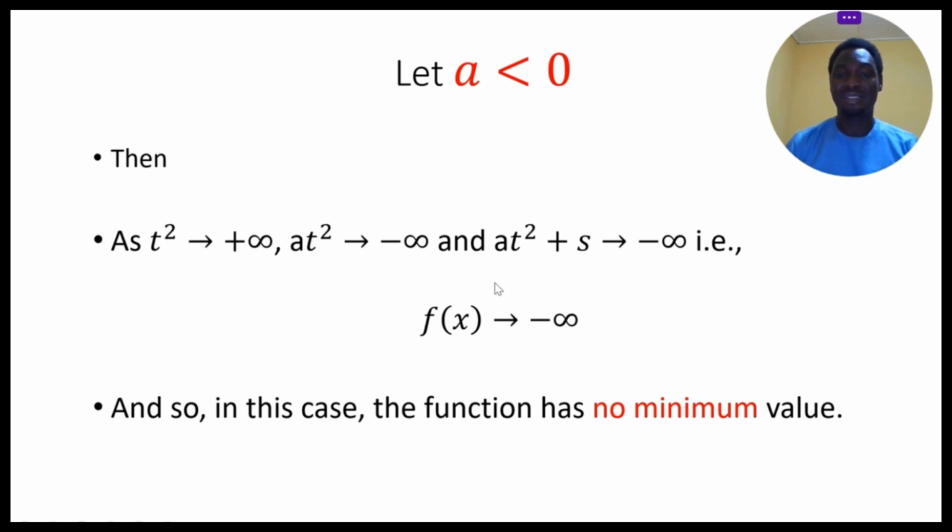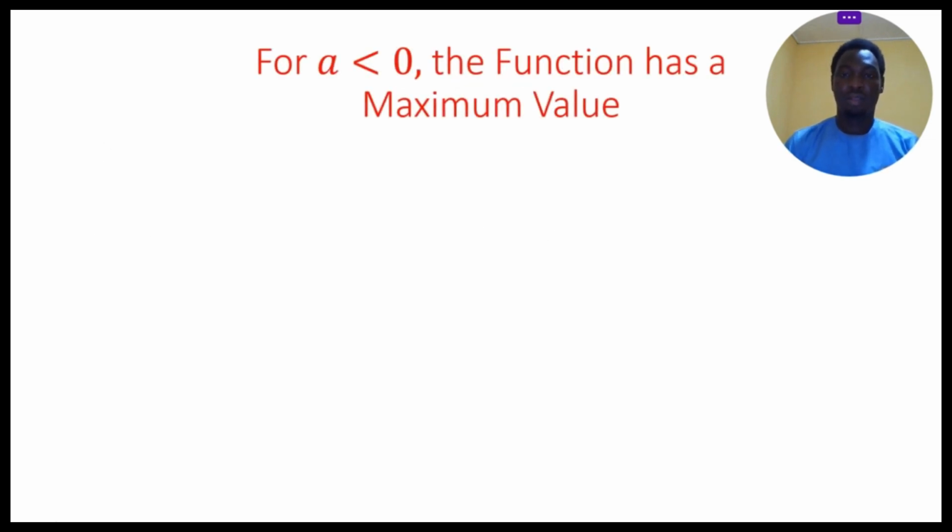At squared plus s is the function. So what it means is that the function continues to decline forever. And so a function which continues to decrease without stopping cannot have a minimum value.